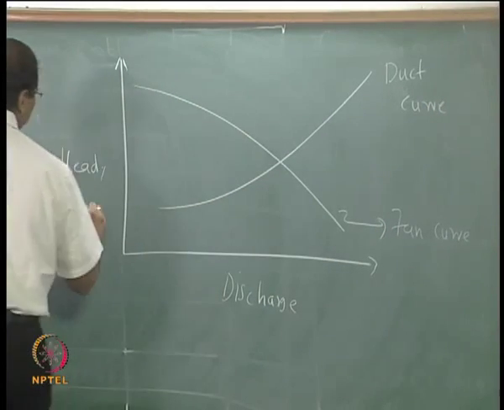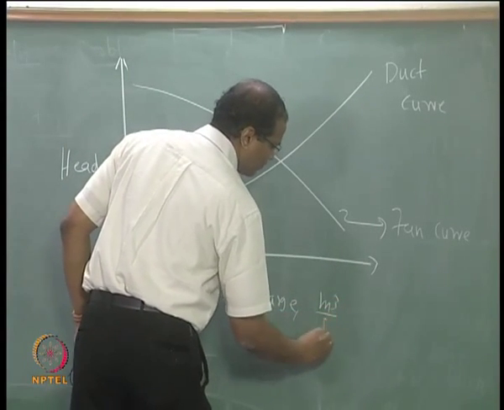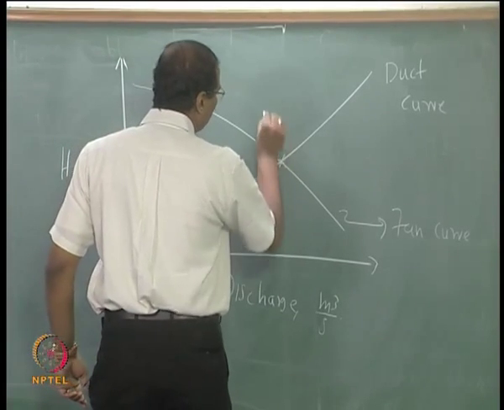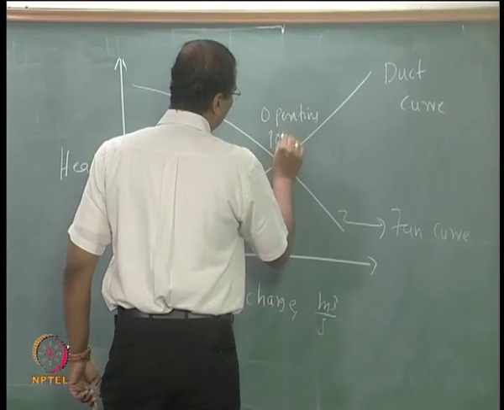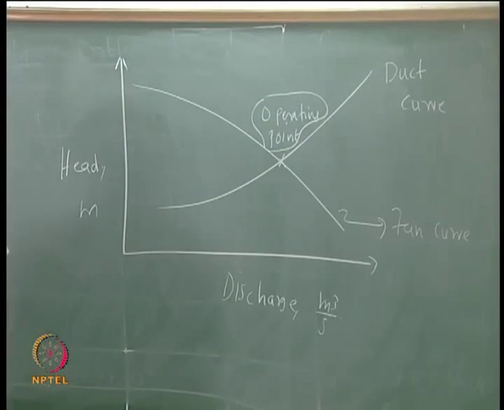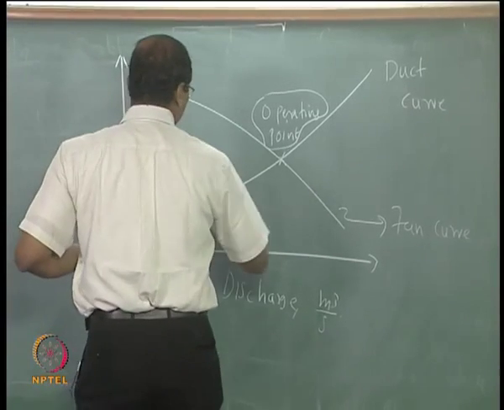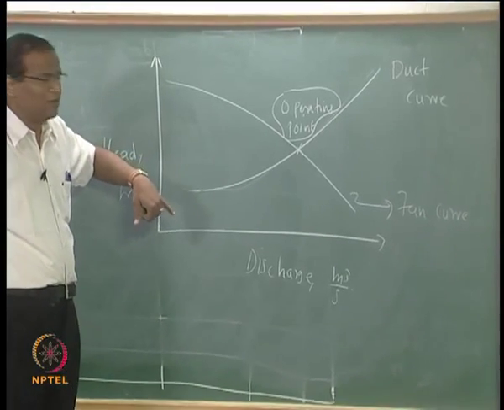Okay, so this could be meters or whatever, this will be meter cube per second. So this is the operating point. So using system simulation, we want to calculate this operating point. This can be easily calculated because this is based on a formula, right? If you know the friction factor and all this, you can calculate it.